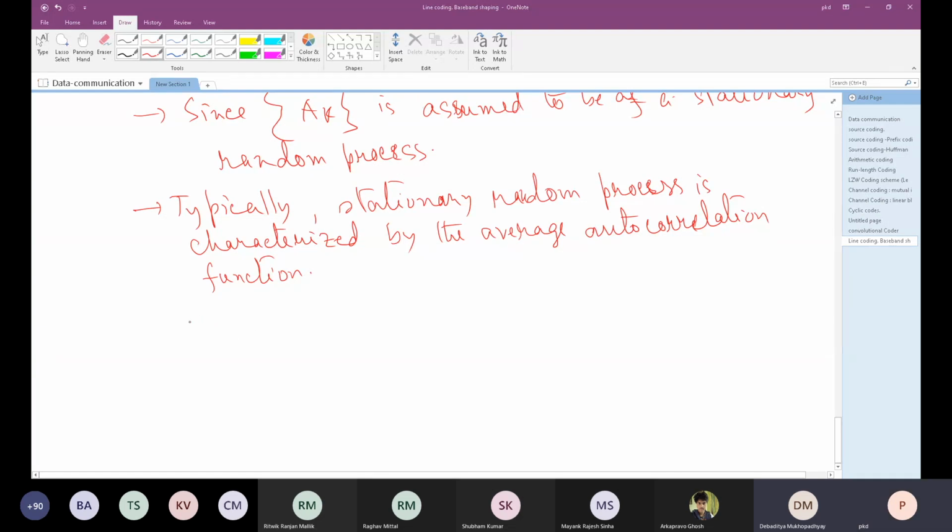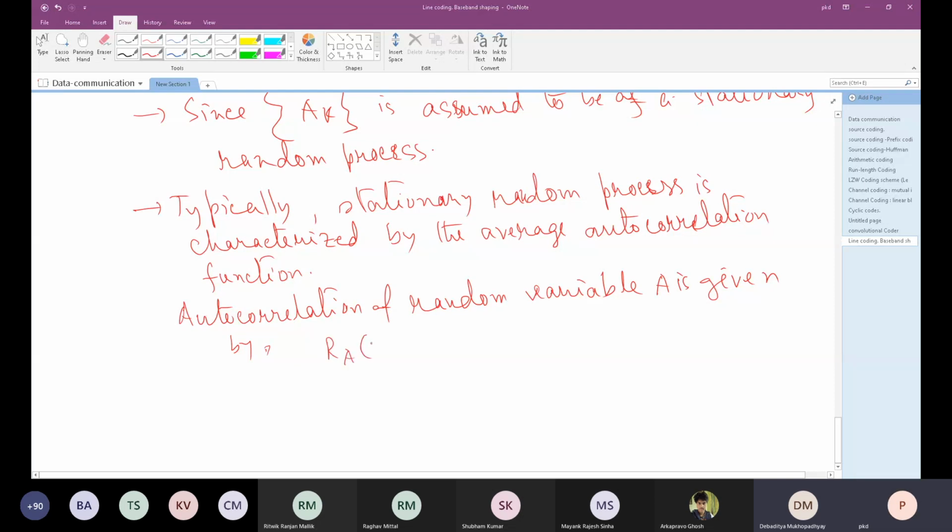The autocorrelation function of a random variable A is given by the expectation of the dot product shifted in time. In this case, of course, shifted by a number, because we are in the discrete domain.